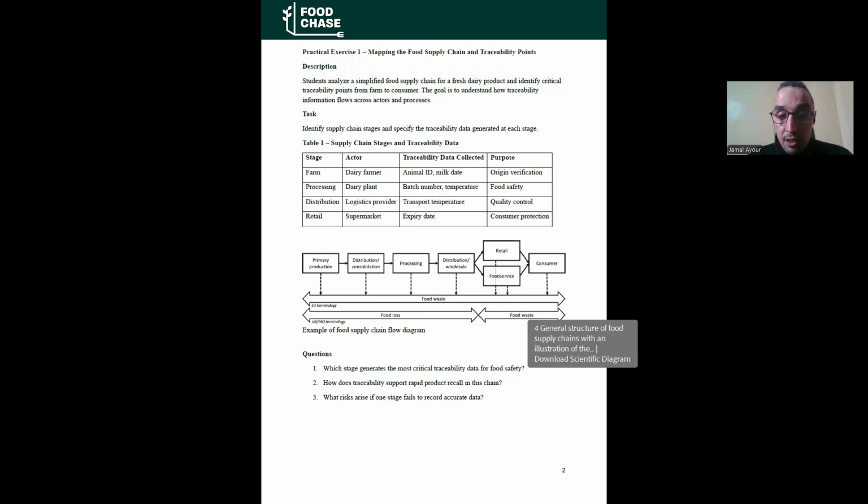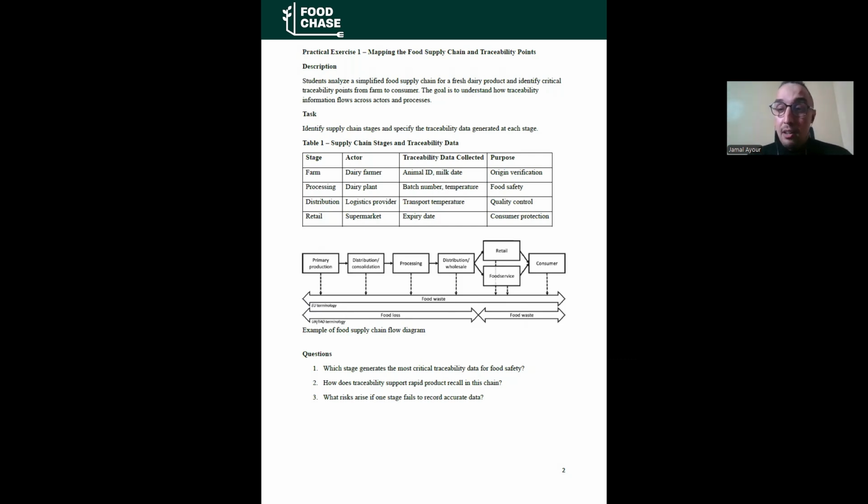We have also this example of a food supply chain flow diagram with different stages from primary production to consumer. So as the first question, which of the stages generate the most critical traceability data for food safety?